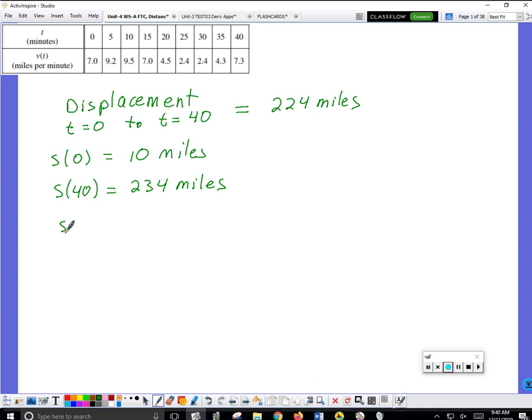Let's say at time equal 50, I'm now at location 200 miles. So I started here at time 40, then in 10 minutes I'm here. So I'm still right of the origin, but my displacement during those 10 minutes was negative 34.